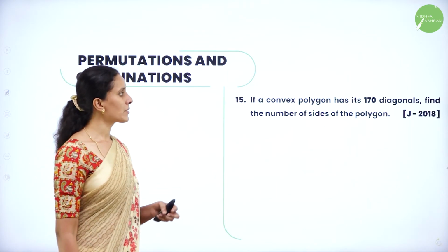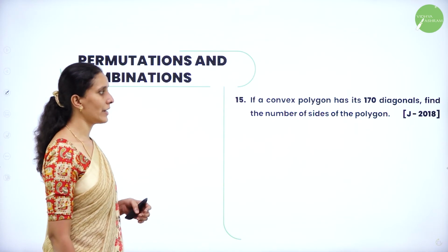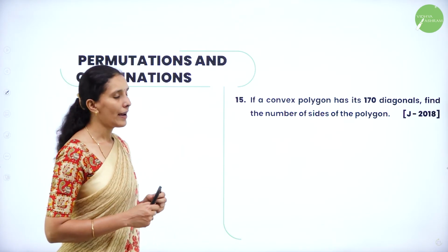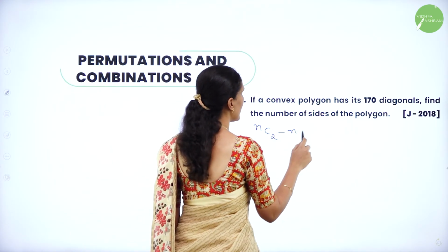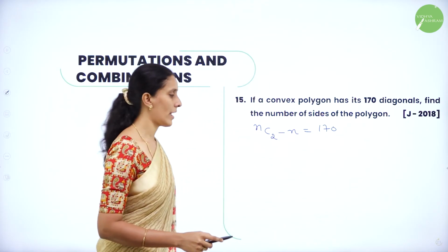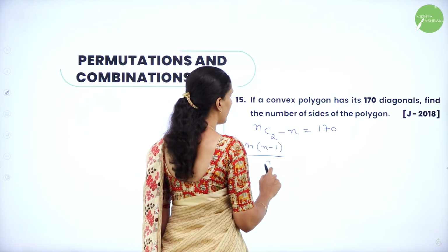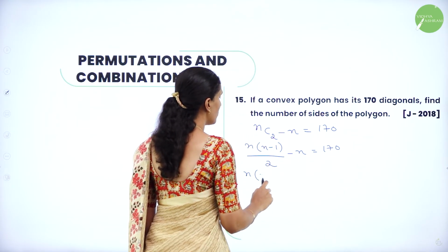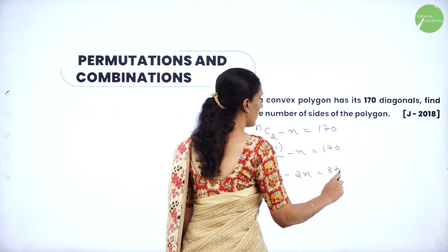Next, if a convex polygon has its 170 diagonals, find the number of sides of the polygon. Now, to know the number of diagonals inside the diagram, we have formula NC2 minus N is equal to 170, the total number of diagonals. So here it is N into N minus 1 divided by 2 minus N is equal to 170. So we get N into N minus 1 minus 2N is equal to 340.